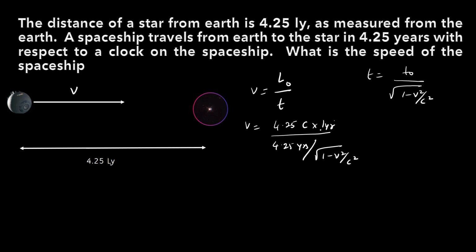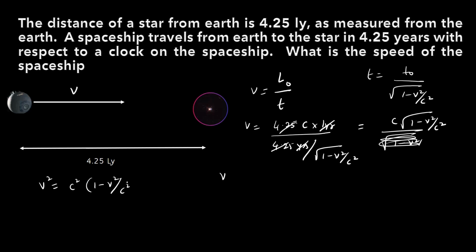So the years and years cancel, and 4.25 goes over here. So I have V equal to C into root of 1 minus V squared by C squared. This is what I got over here. Everything else goes away. Now I square this. When I square, I get V squared is equal to C squared into (1 minus V squared by C squared).